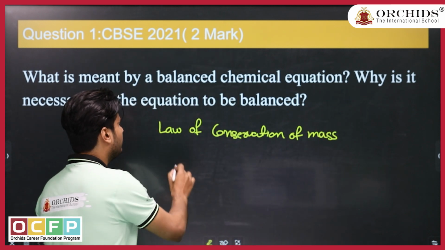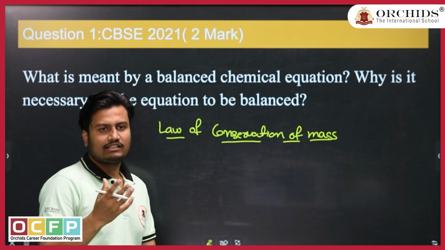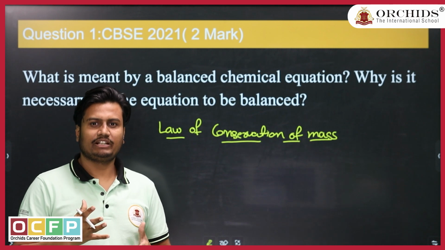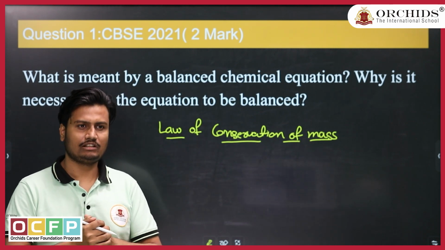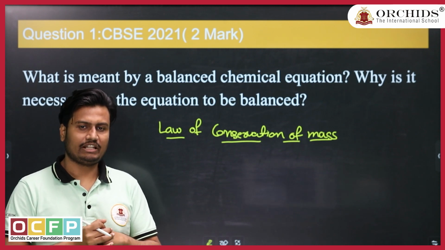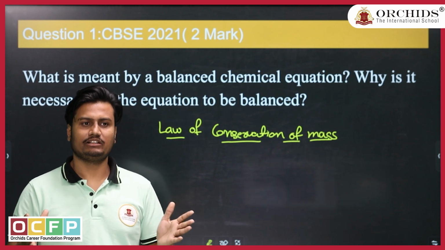And what does this law tell us? It tells us that matter cannot be created and cannot be destroyed. But how is it applicable to a chemical equation? In a chemical equation, atoms cannot be created and cannot be destroyed during a chemical reaction.